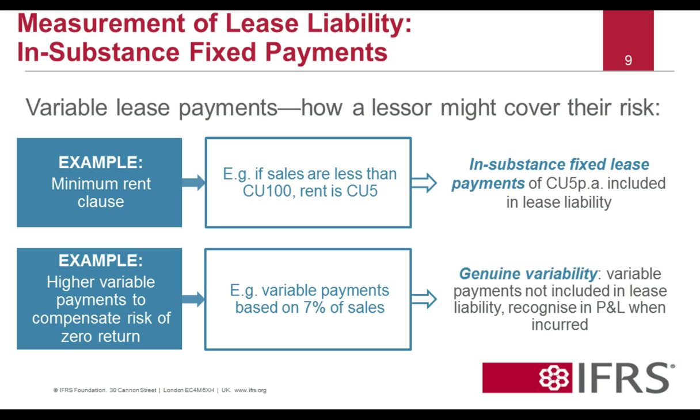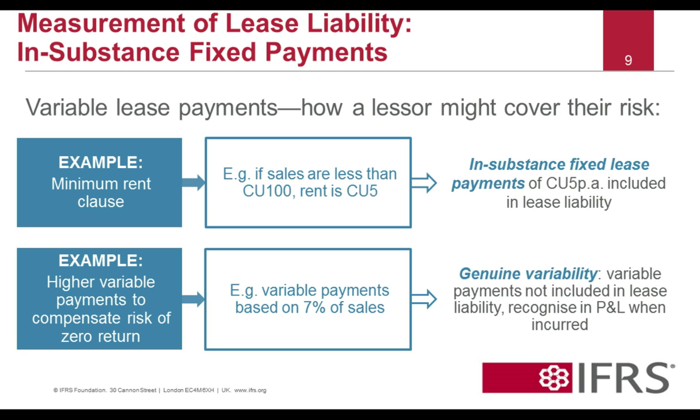In summary then, payments that contain genuine variability that a lessee is prepared to pay for are not included in the measurement of the lease liability. On the other hand, payments which the lessee cannot avoid making must be included in the lease liability.